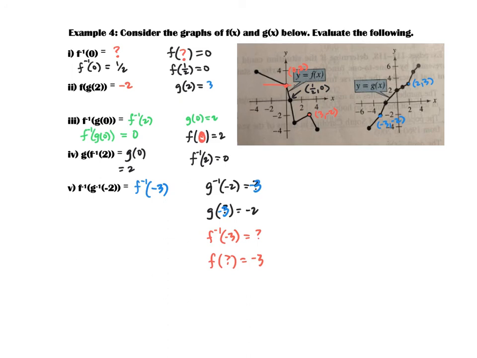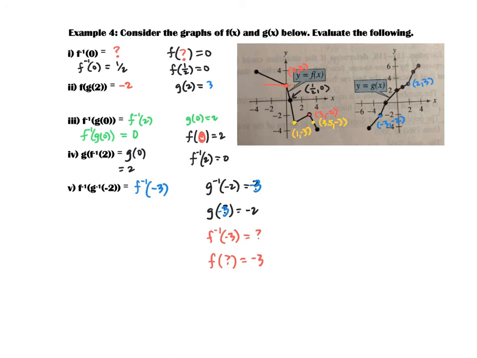Boy, there's a couple of options here, and here's why I say that. This value is -3, so I would say that's probably 1, -3. And there's also another value that's -3. So that could be 3.5, -3. So you could argue that f inverse of -3 has two values.